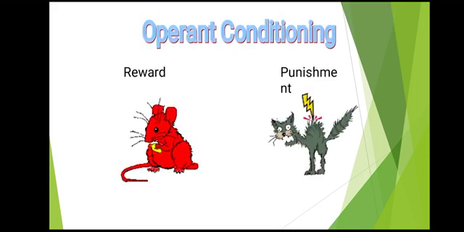Then the next conditioning theory is operant conditioning theory. I think it's clear from its picture that it is also called the reward and punishment theory. Another name of operant conditioning is instrumental learning theory. So in your exams and MCQs, the question may come like, what is another name of operant conditioning?